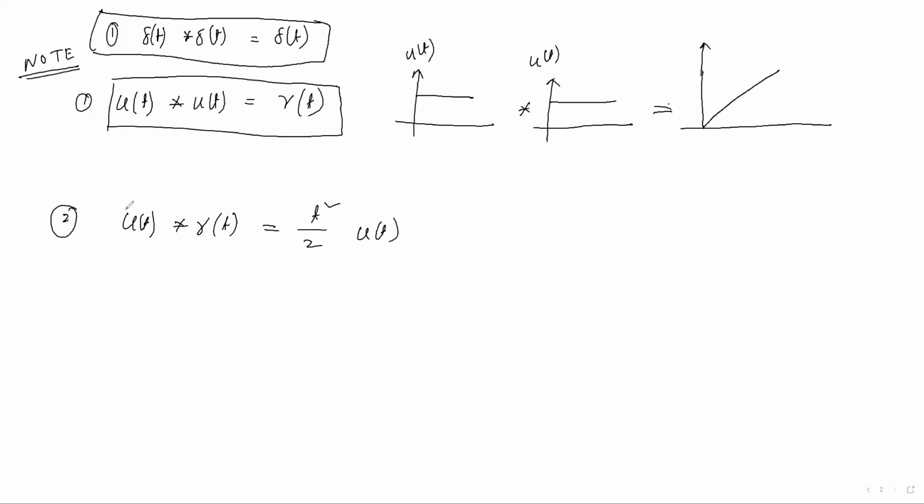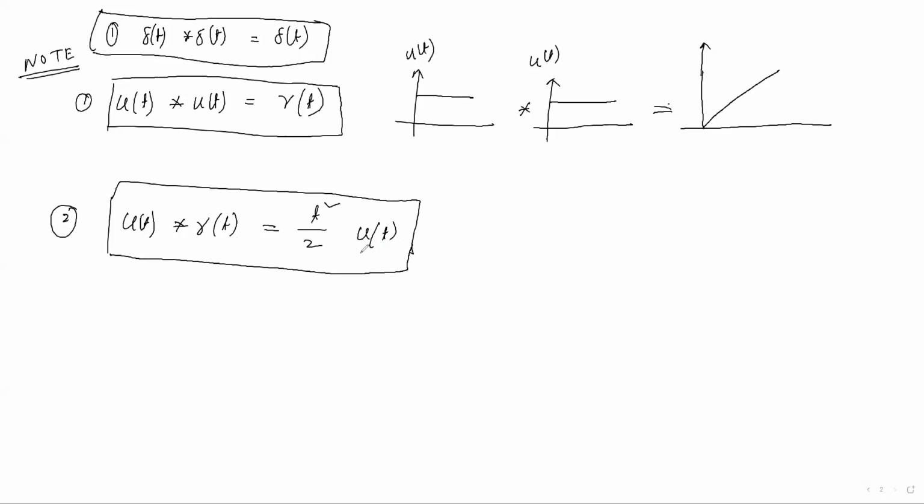What is t square by 2? This is a parabolic type of signal. If we take convolution between u of t and r of t, we get a parabolic kind of signal, t square by 2 u of t. This third note is important, that's why I have given it as a separate note.